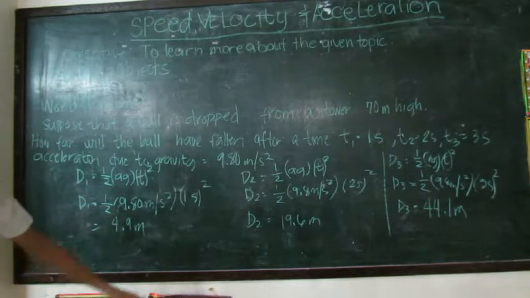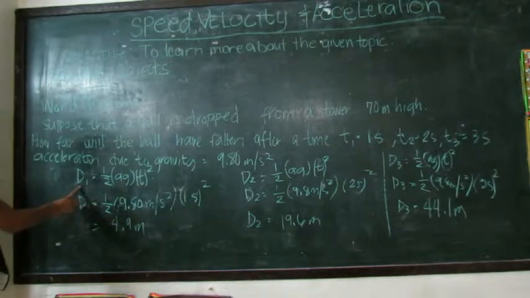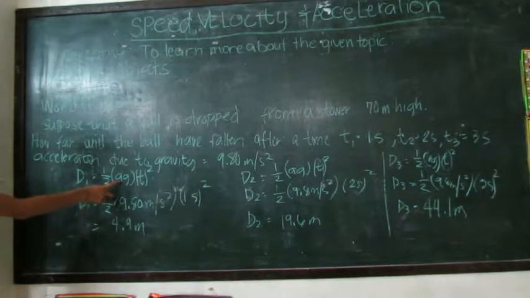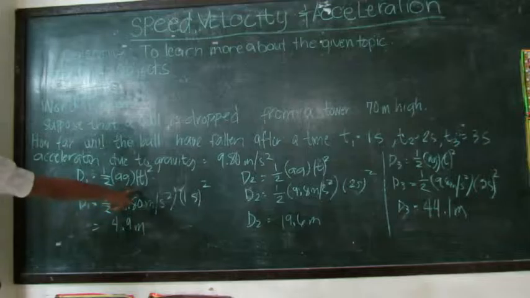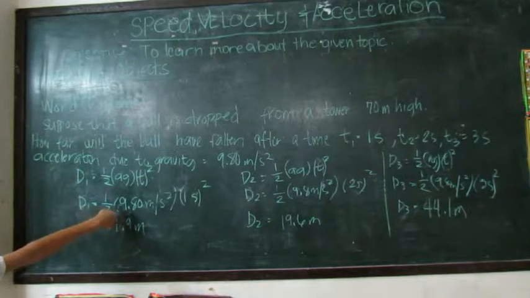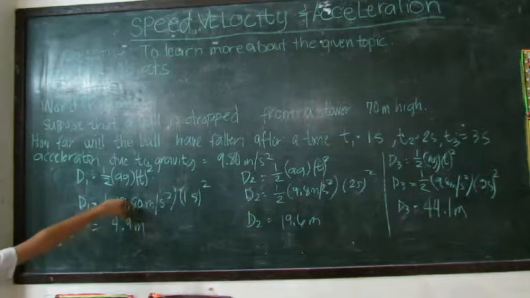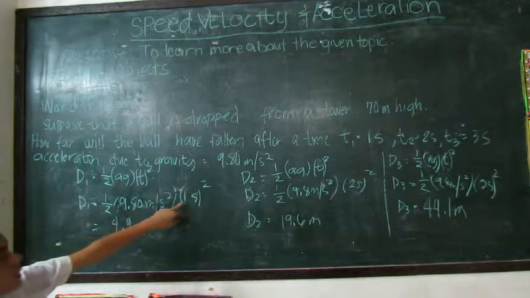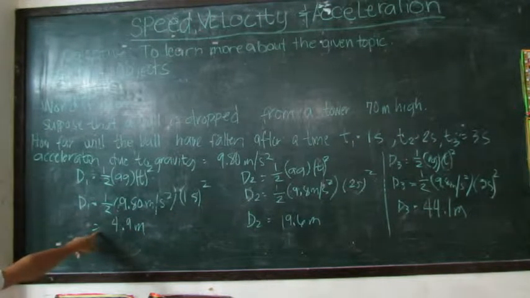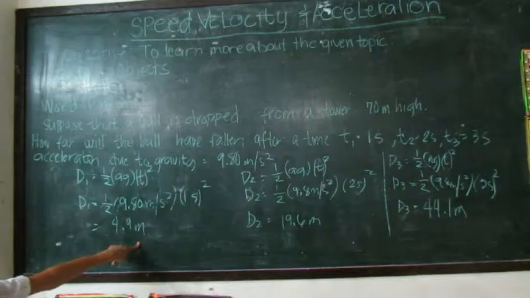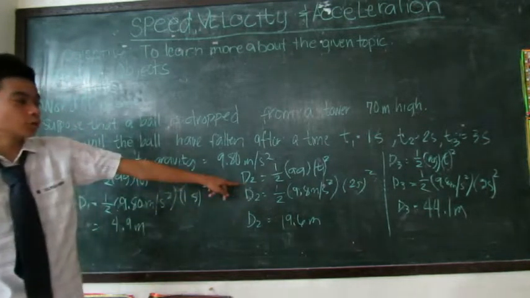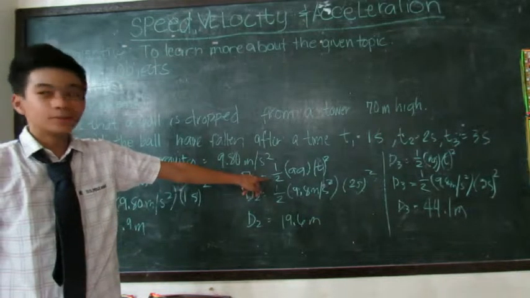So displacement 1 equals 1/2 acceleration due to gravity times time squared. So substitute 1/2 times 9.8 meters per second squared times 1 second squared. So the answer is 4.9 meters. Then the displacement 2 equals.